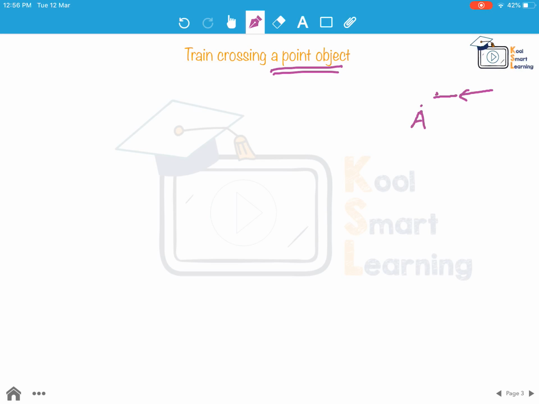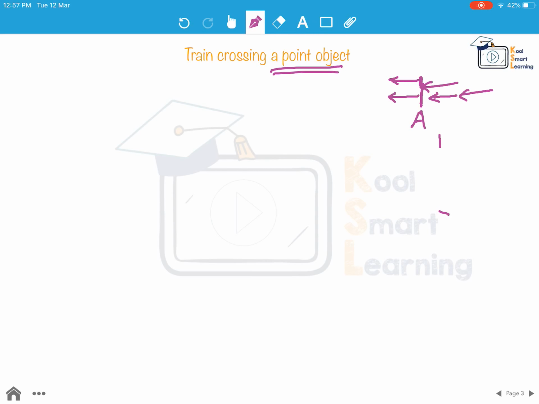It comes closer to A and then it crosses A. So we are talking about the time that it takes to cross the point A. What does that mean? We are saying that from the time when the head of the train hits this point A, to the time the tail of the train is at point A, this is the time taken for the train to cross this point object, right?